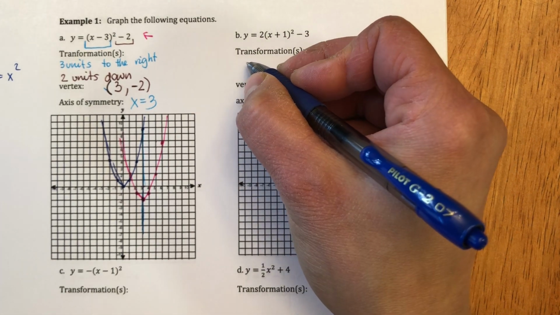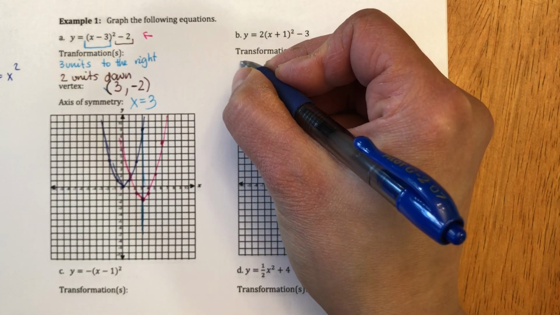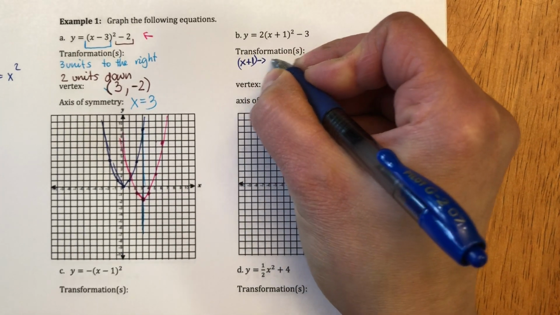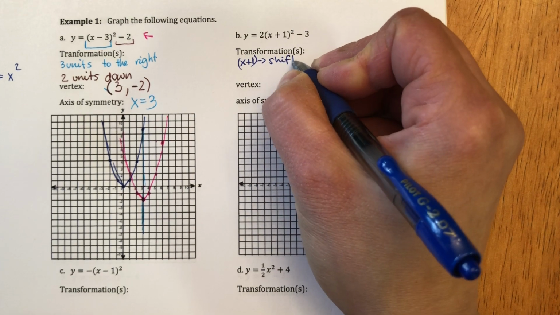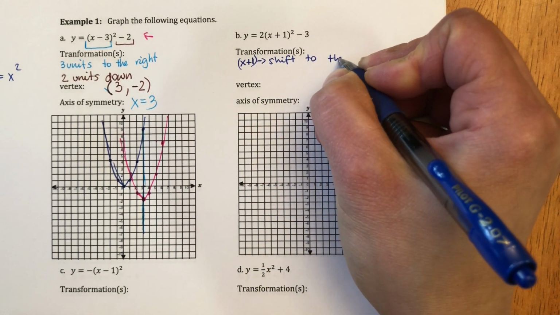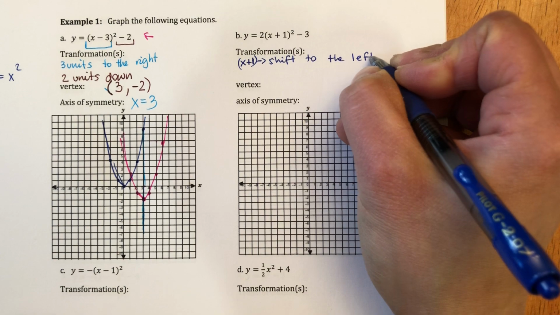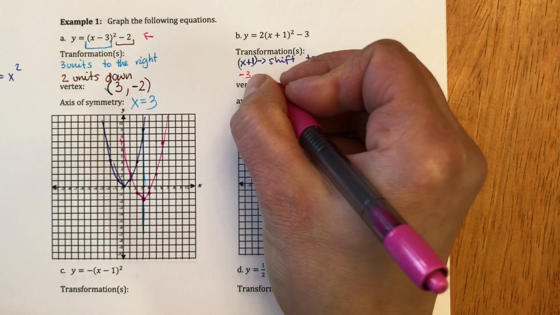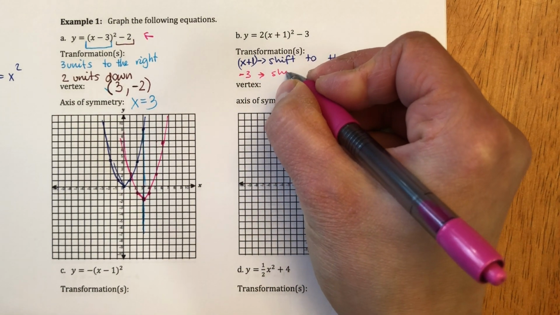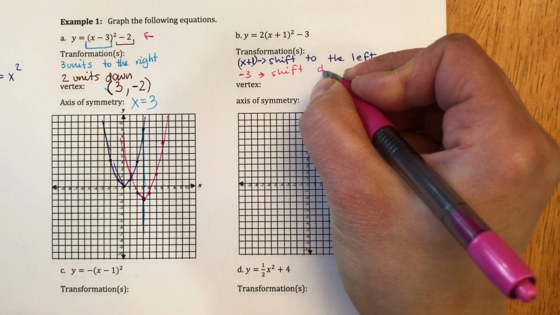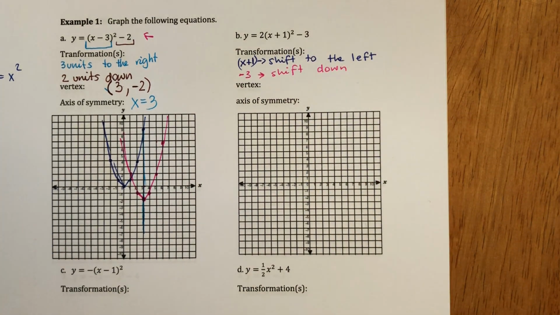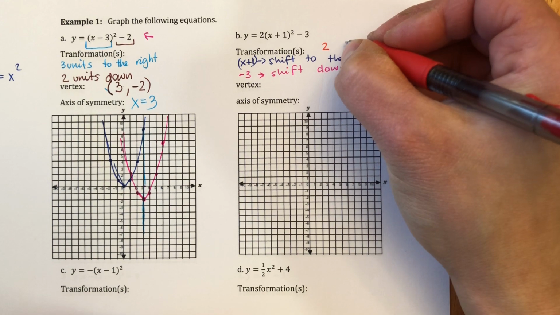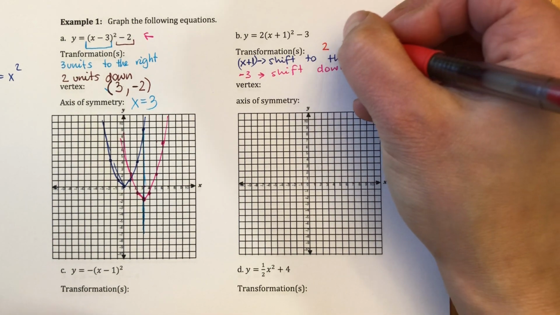Because I am adding, this is going to be a shift to the left. -3 is going to be a shift down. And the 2 that I have right there is going to be a vertical stretch.